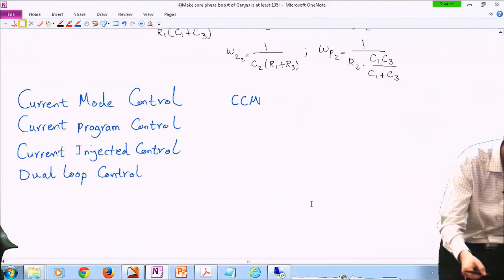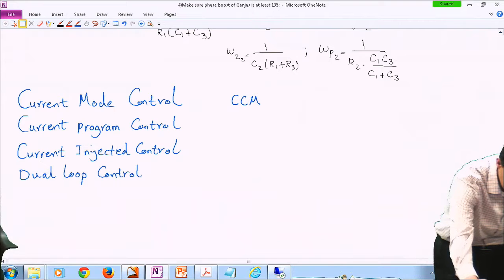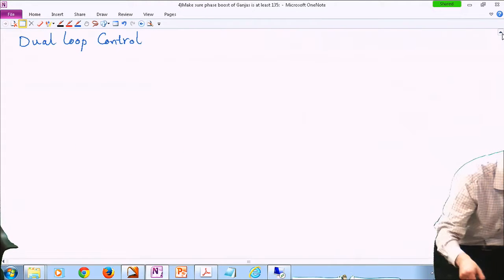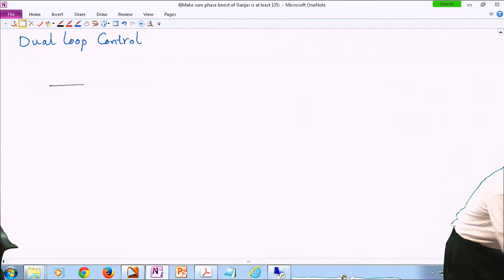Okay, so let's go back to our classic buck converter. So this time, let me use a power MOSFET.